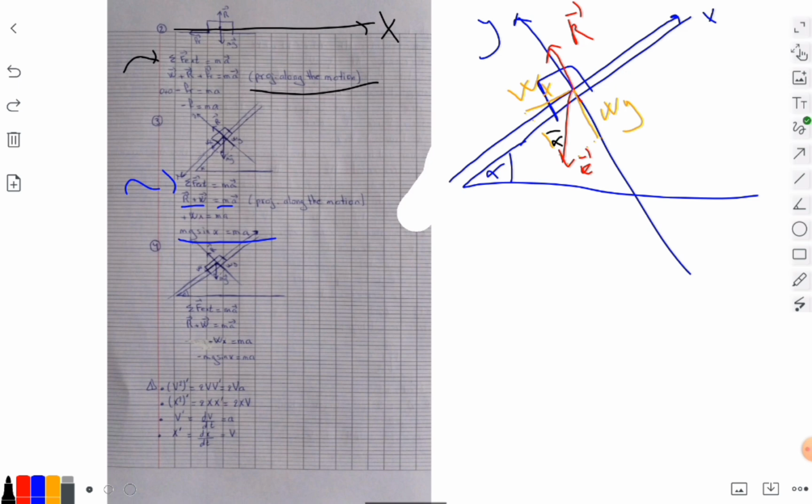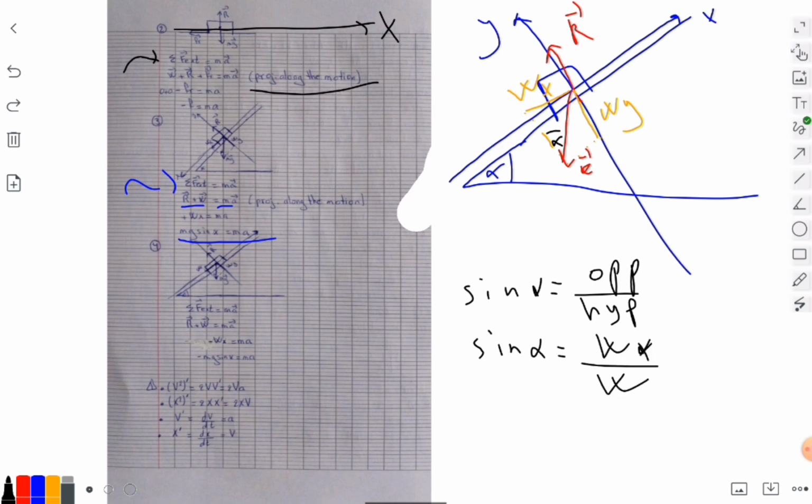This alpha, we apply sine alpha equal opposite over hypotenuse, so sine alpha equal wx over w, then wx equal mg sine alpha.